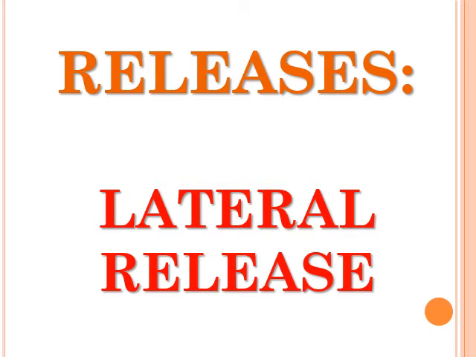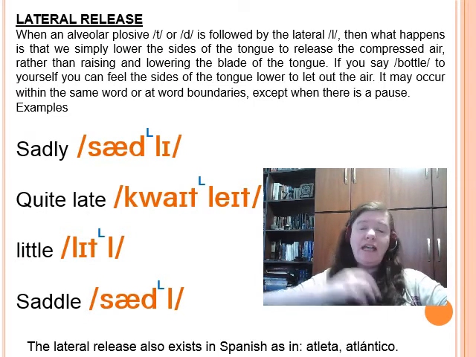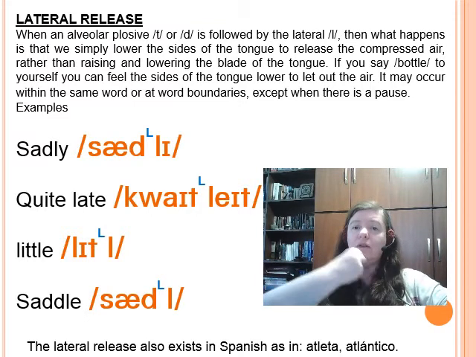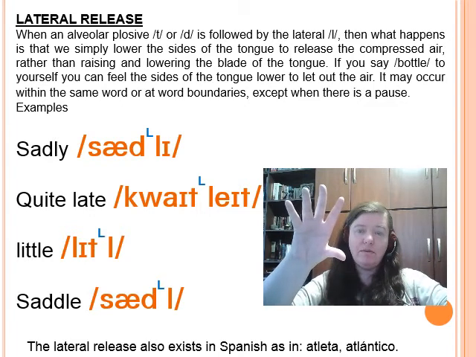So, let's see what this is about. Okay, so when the air escapes in the release stage of a plosive, it normally escapes through the center of the mouth. Yes? T, D. You open and it escapes, yes, through the center of the mouth.